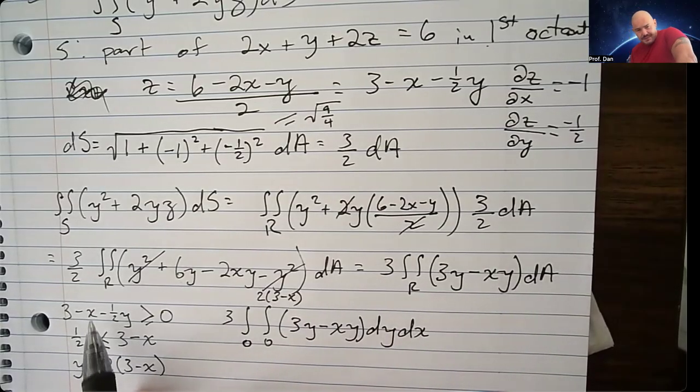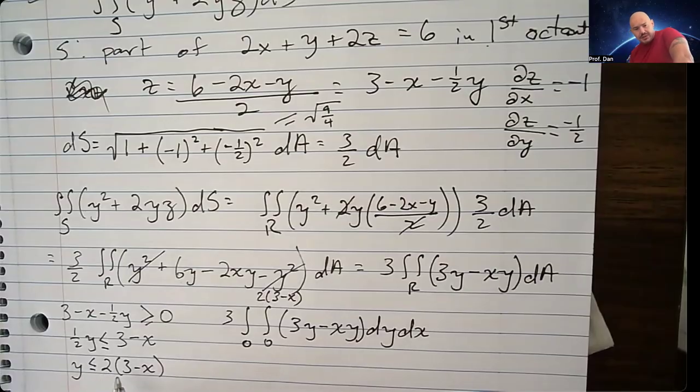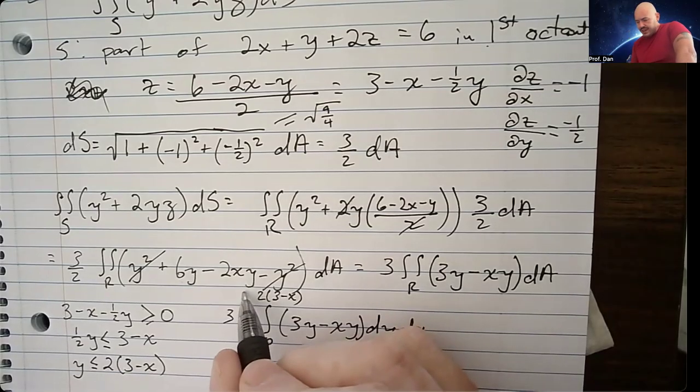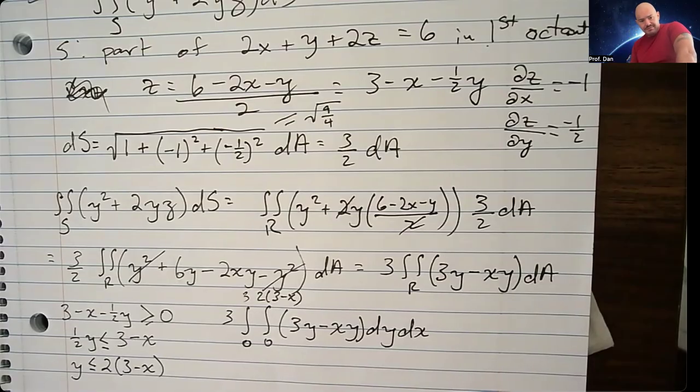But in order for this quantity to remain positive, I know that x has to be less than or equal to 3. So my bound for x will be 3. Because if I go above 3, then this becomes a negative quantity. So that's how I figure out the bounds for x.